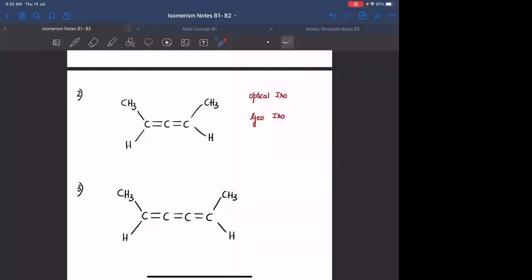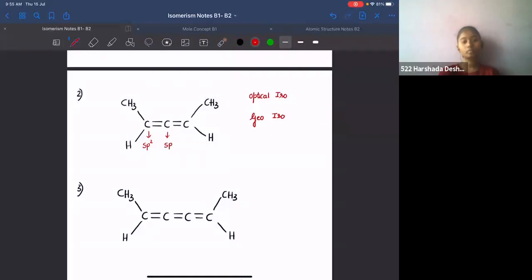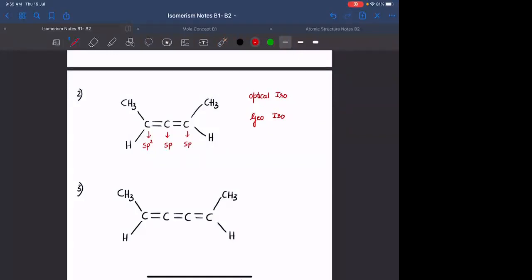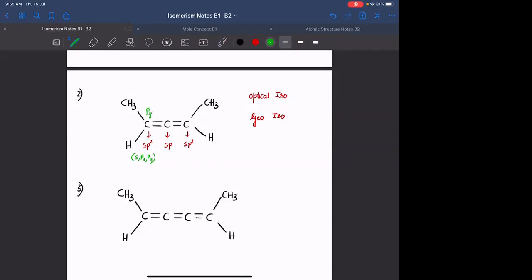What is the reason for that? What are the hybridizations? Tell me. sp2, sp, and sp2. If this has s, px and py, then pz will be on top of it, and this will also have pz. Suppose s and pz are participating.